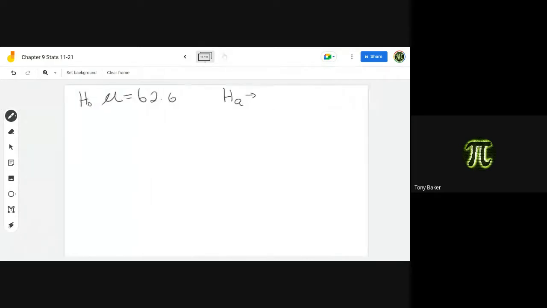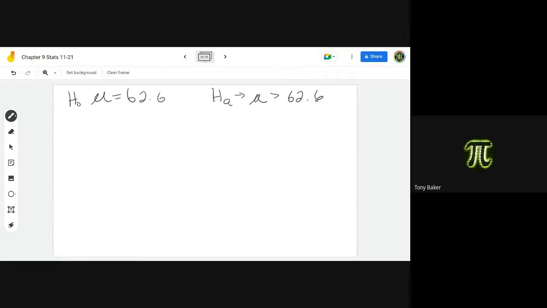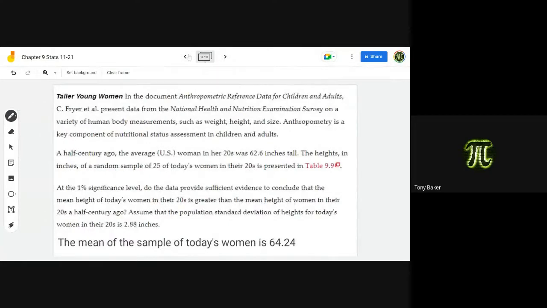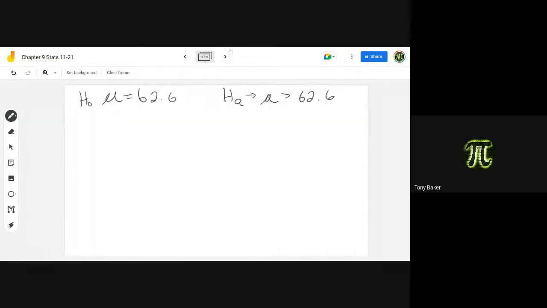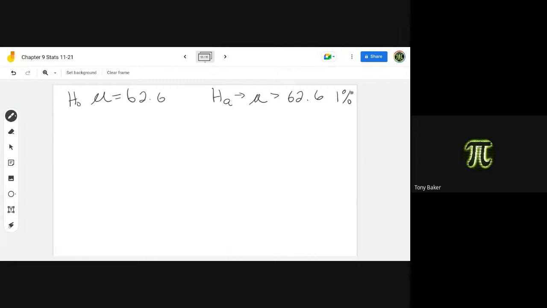It's greater than. So that my mean is greater than 62.6. And what's the significance level I'm looking at? 1%. Okay.